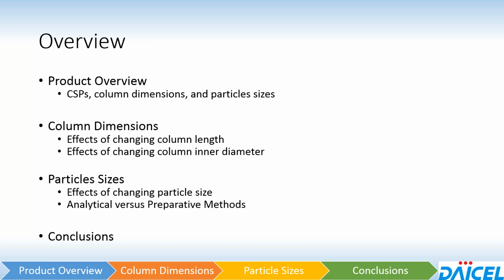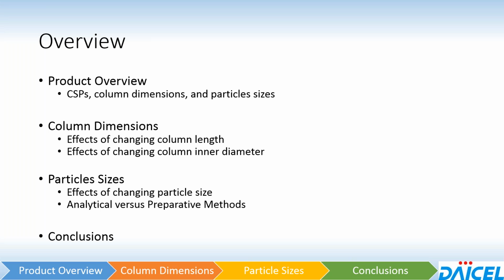As a brief overview of the topics that we're going to touch upon, I want to start off with just a product overview, what CSPs, chiral stationary phases we offer, what column dimensions and what particle sizes we offer as well. Give you a little overview on that before we actually talk about the individual features of the column and what kinds of effects we can expect in changing column length and changing the column inner diameter, and then moving into particle sizes, what kind of effects we expect to see when we change particle sizes.